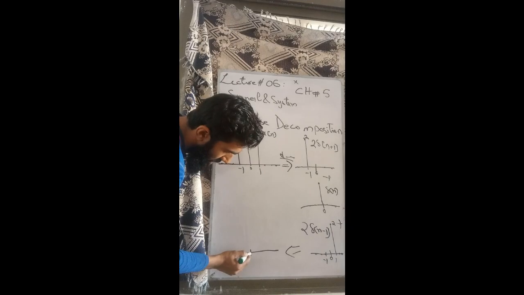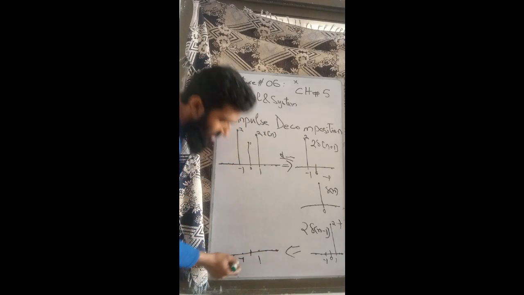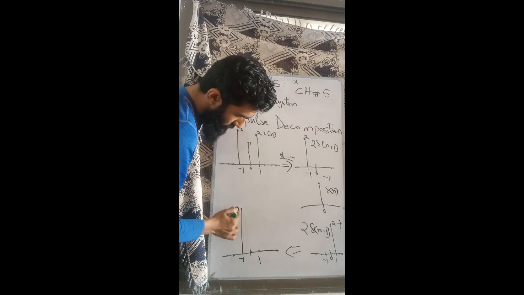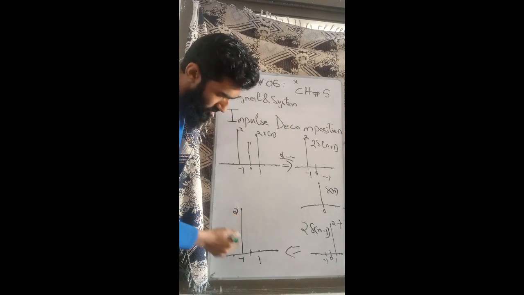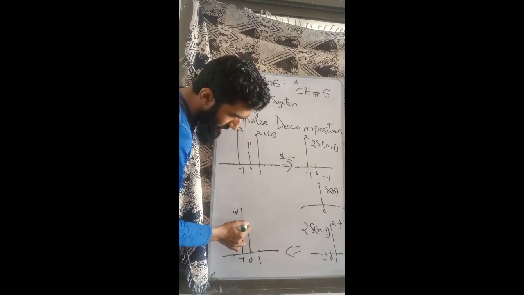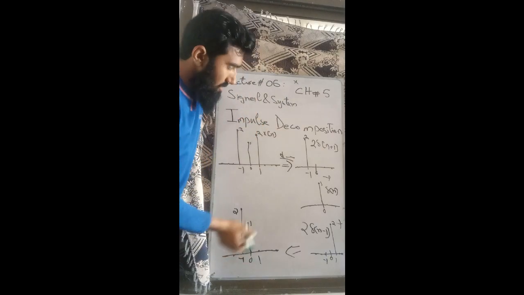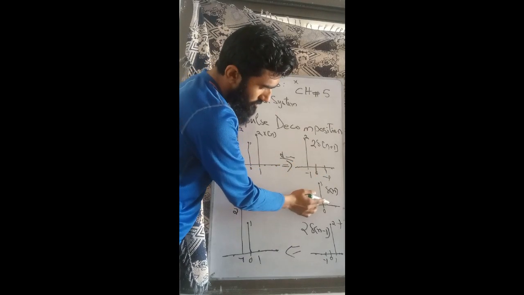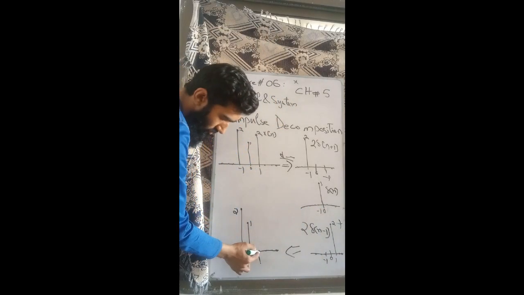At the 0 index, it is 0 plus 1 plus 0, so we get 1. And at 1, it is 0, 0, and 2, so we get 2.